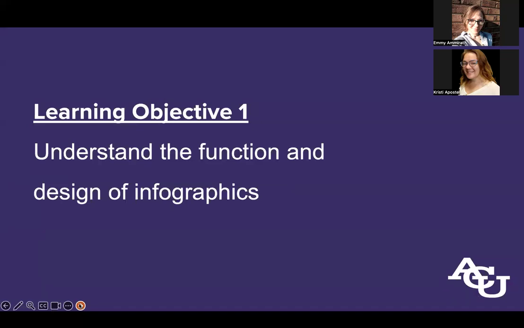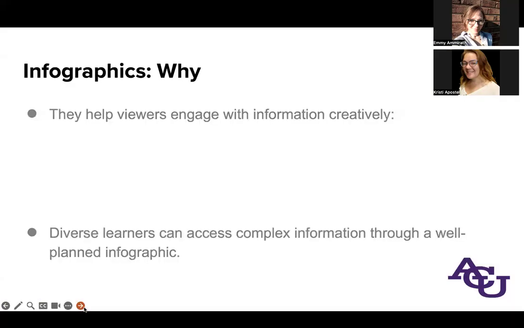Hi again. So, our first learning objective, as Emmy mentioned, is to understand the function and design of infographics. With the goal of creating an infographic in mind, considering why they're useful should be beneficial. For instance, they help viewers engage with information creatively.